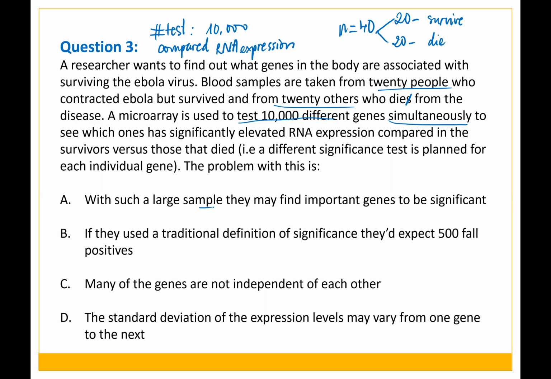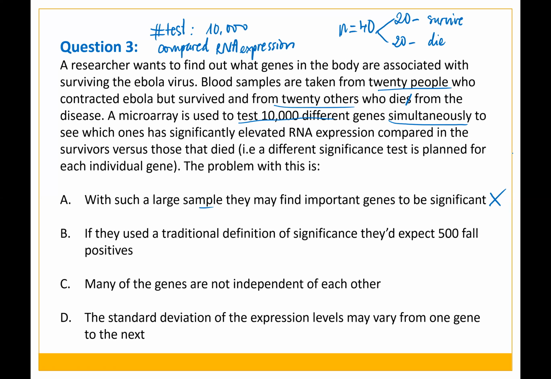Also, the sample here is not even large, it's 40 people, so A is not right. And even if we had a large sample, we should correct A, as they may find unimportant genes to be significant, because that is what the large sample caution says. Now B: if they use the traditional definition of significance, they would expect 500 false positives.